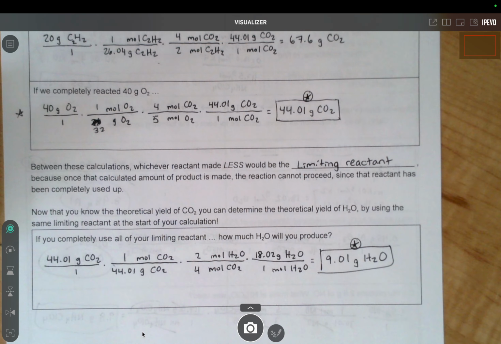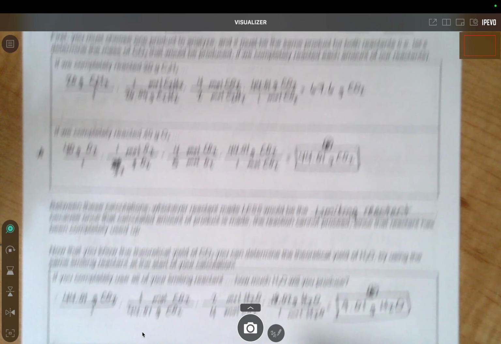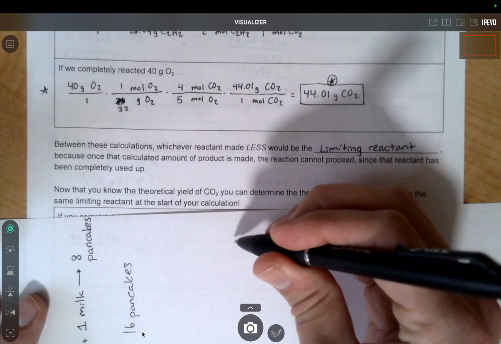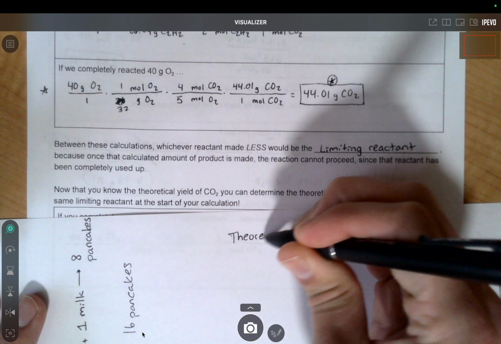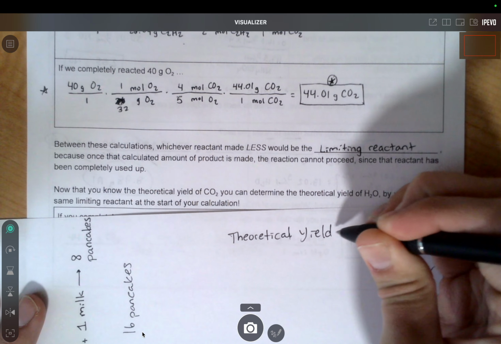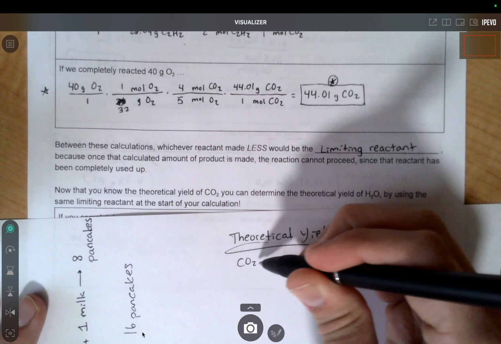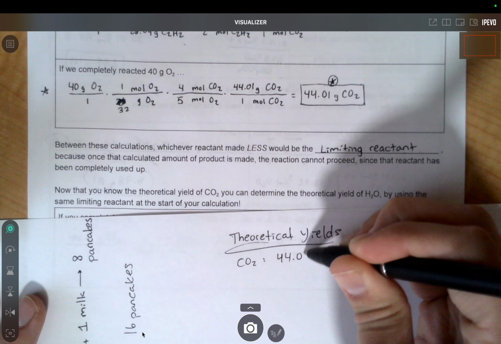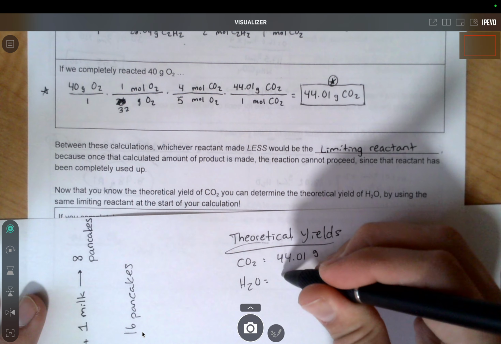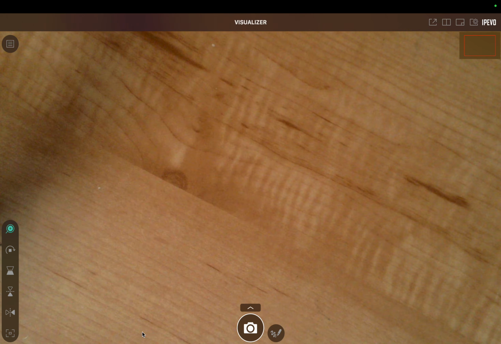Now, I want to give you a little example here, talking about percent yield. So, in this example, we know that theoretical yields, we've got CO2 is 44.01 grams and H2O is 9.01 grams.